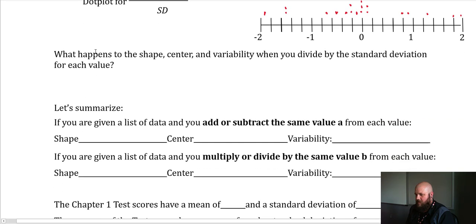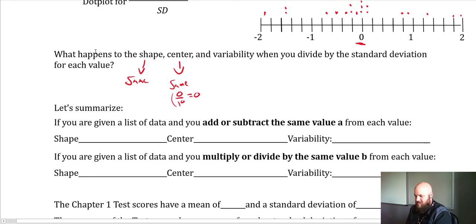So what happened to our shape? Shape stays the same. Our center, still at 0. Same, right? Because all we did was divide by 10, so 0 divided by 10 gave us 0.